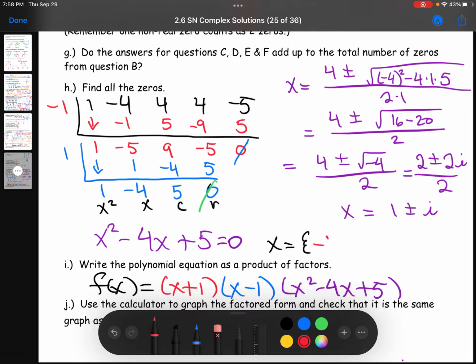So our final solutions, x equals, we had a root at -1, we had a root at +1, and we had a pair of imaginary roots at 1 plus or minus i. And that does count as two imaginary roots.